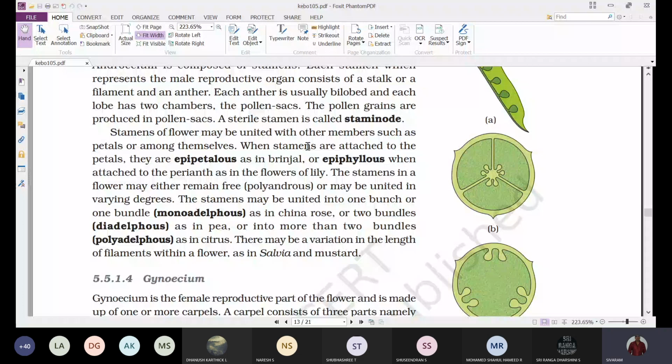So when you observe the stamens in some flowers of a plant, the stamens may be united with other members like petals, or they may get united among themselves with the help of their filaments, or their anthers, or in some cases both. Both filament and anther get fused.